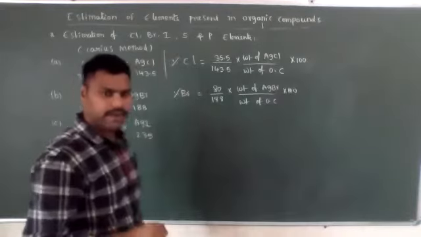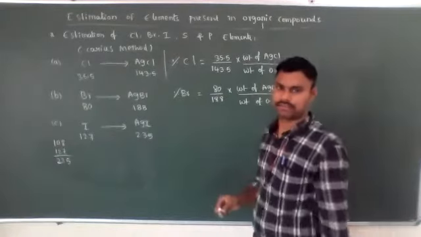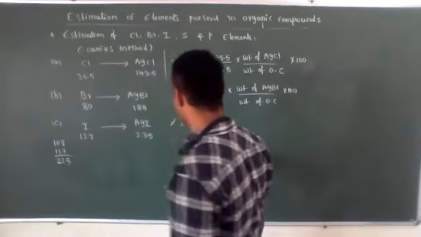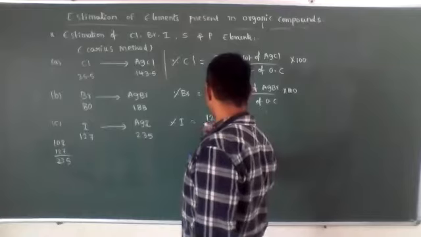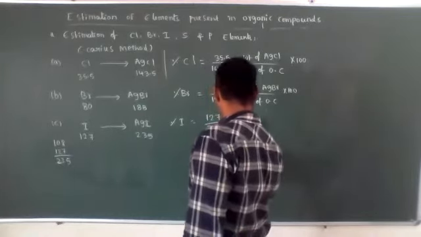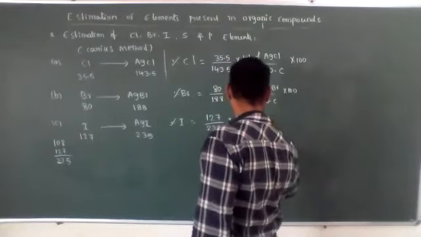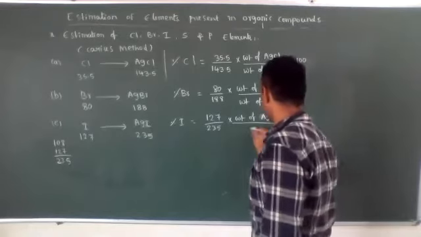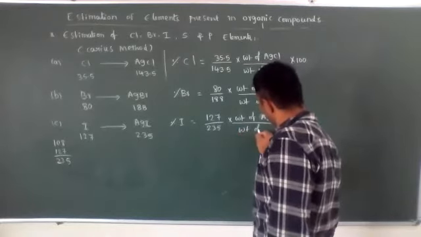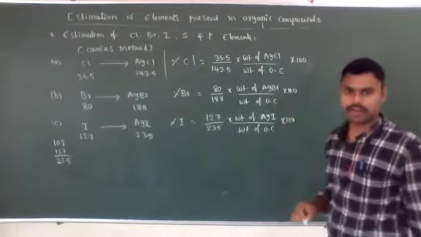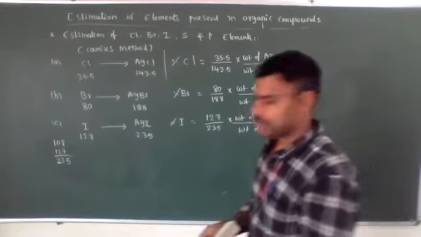So the gram molecular weight of silver iodide is 235. Now the percentage of iodine is equal to 127 by 235 into weight of silver iodide, AgI, by weight of organic compound into 100.